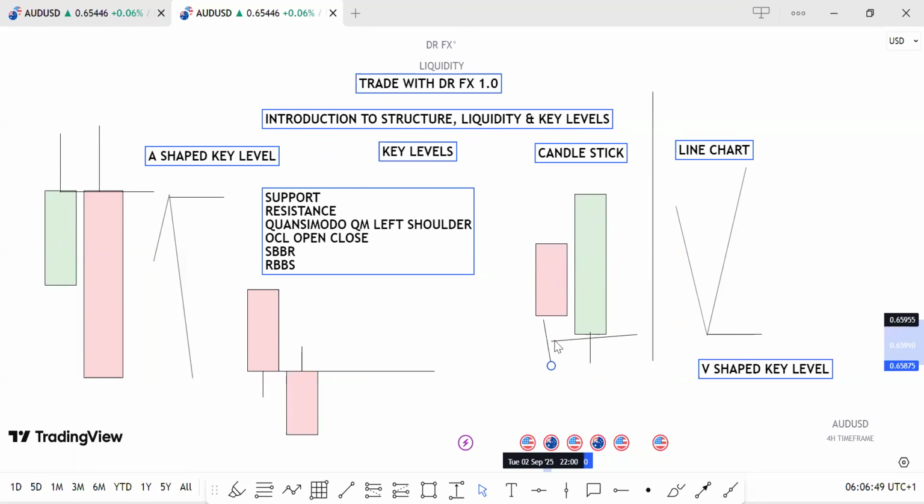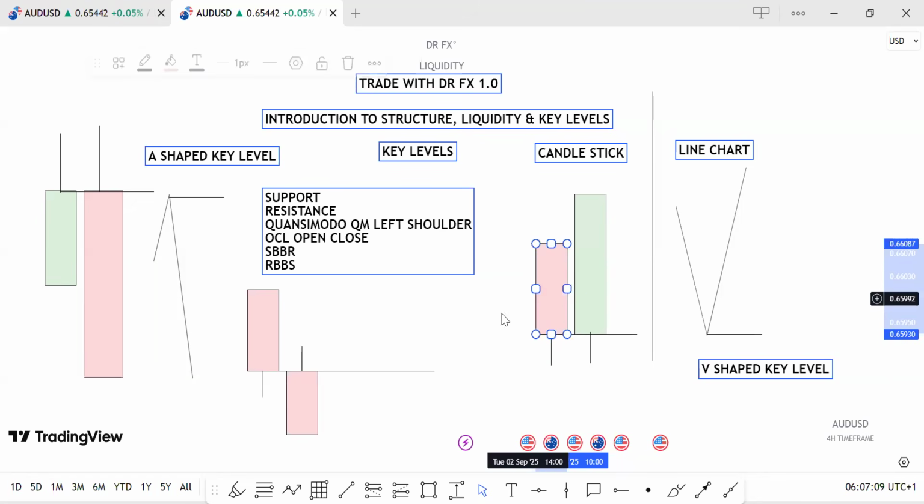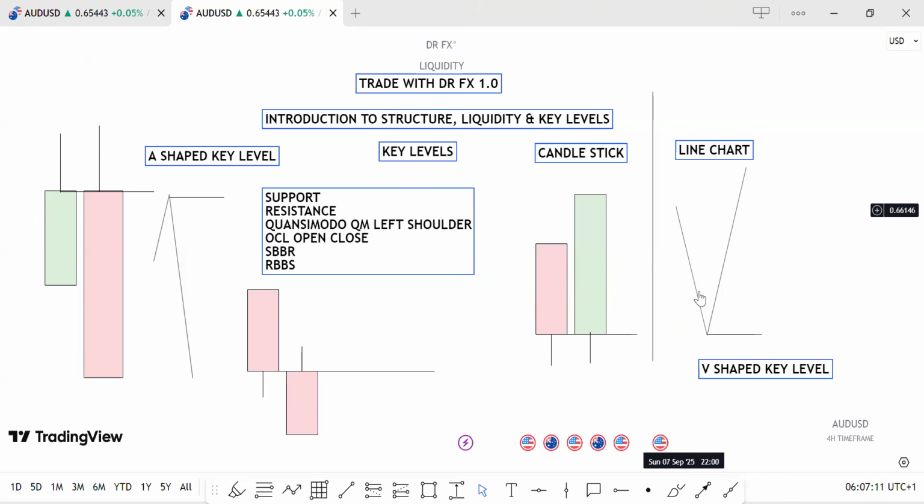And you need to go to the line chart and look at exactly where the overlapping is, exactly where the V is. You need to go to the line chart for you to see it's going to be here, right? But you need to know exactly how it looks on the line chart. So if the chart is not very clean and they are not overlapping how they are supposed to be, you go to the line chart and sort it out yourself. So it's going to be a V shape.